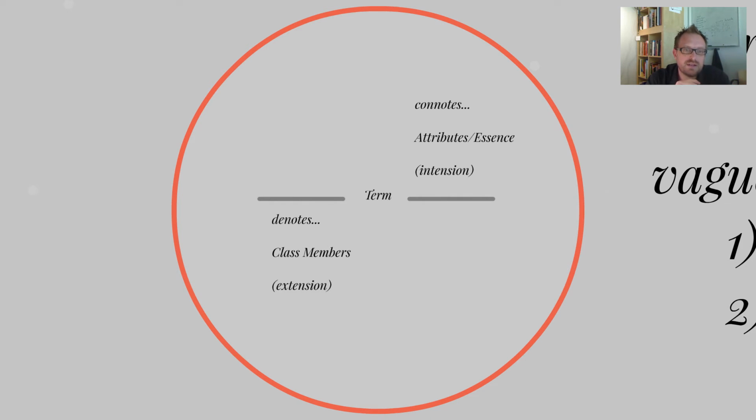Now, it's interesting, though, philosophers have noted that it's possible to have an intention without an extension, or a connotation without a denotation. For instance, the current King of France. When I give you that term, you know what I'm talking about, the essence and the attributes.